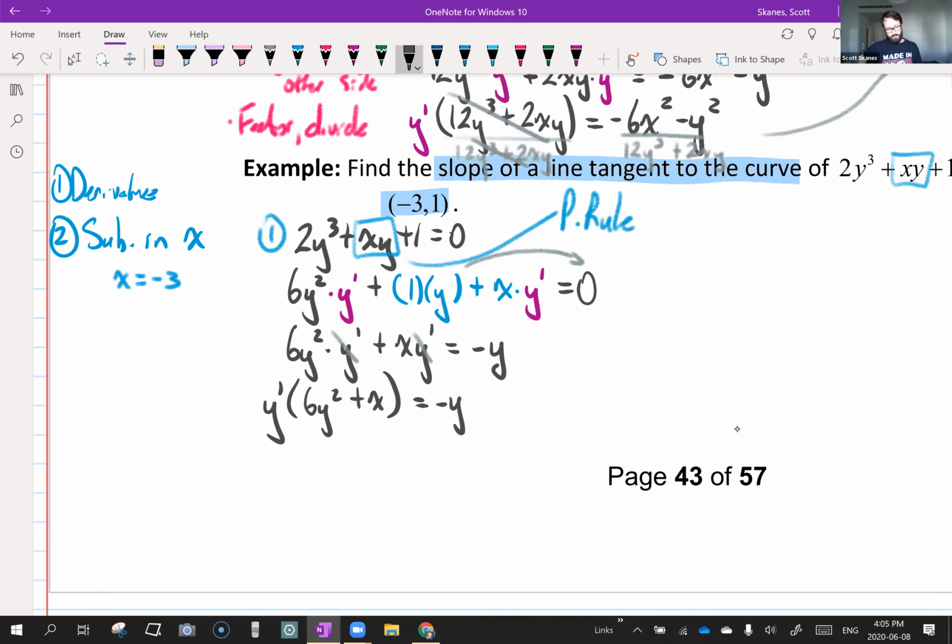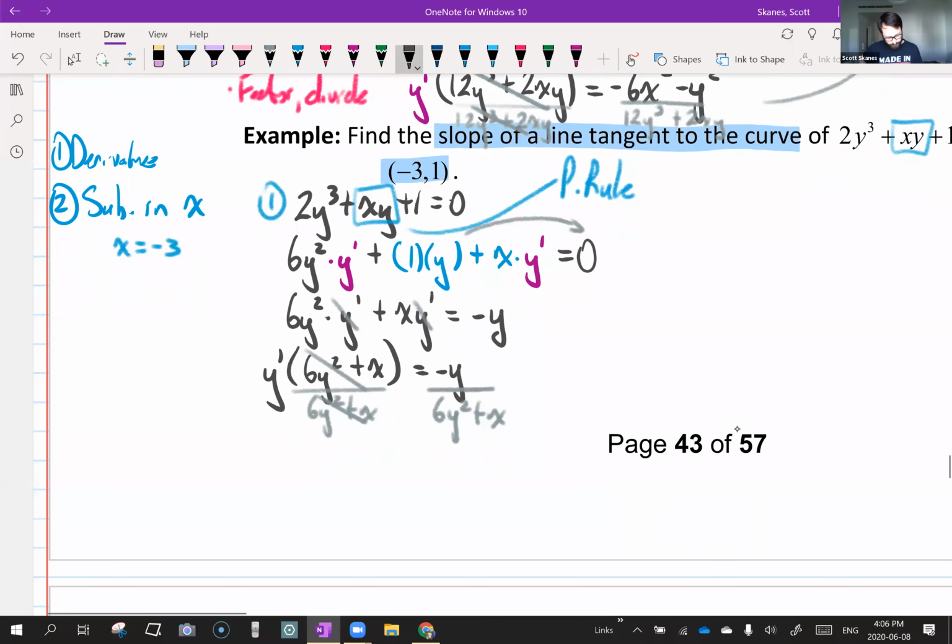So when we finish, because I'm dividing by this now, you don't need to show this pencil step. This is just for me to show you what I do. You can jump straight to this next step. It's going to be negative y over 6y squared plus x.